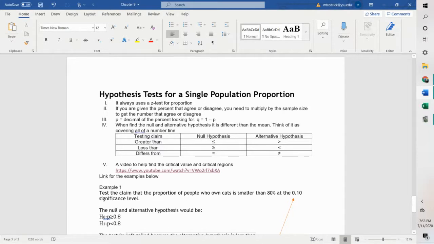So if you're testing greater than, the null hypothesis is everything else, less than or equal to. Alternative is greater than. If you're testing less than, alternative is less than, null hypothesis is everything else, greater than or equal to. And if you're testing not equal to, then the null hypothesis is the only thing that's not included, the equal to the value.